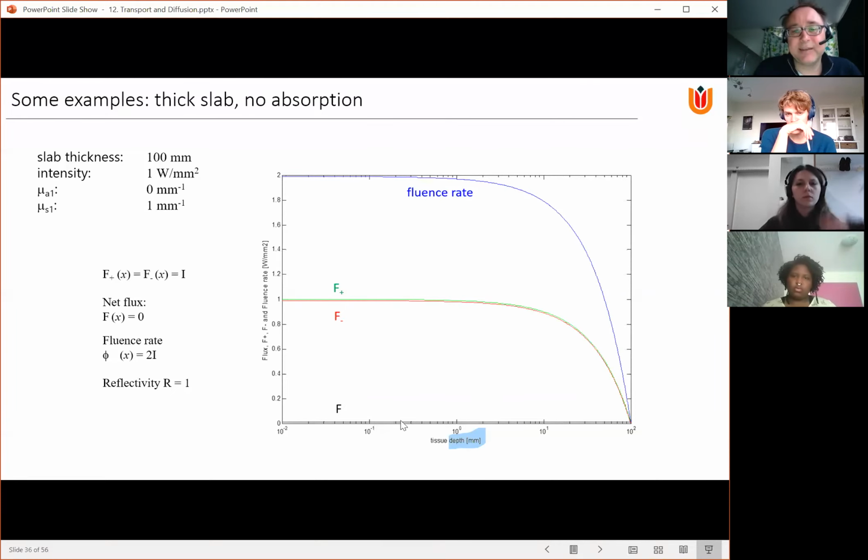So in that case, the net flux is going to be 0. We had the equation that said that the change in net flux, dF/dx, was equal to the absorption coefficient times the fluence rate. If the absorption coefficient is 0, then the change in net flux is 0. So the net flux is 0, which implies, and that follows also from the equation, that the flux in the positive and negative direction are equal, and that gives us the maximum fluence rate attainable.